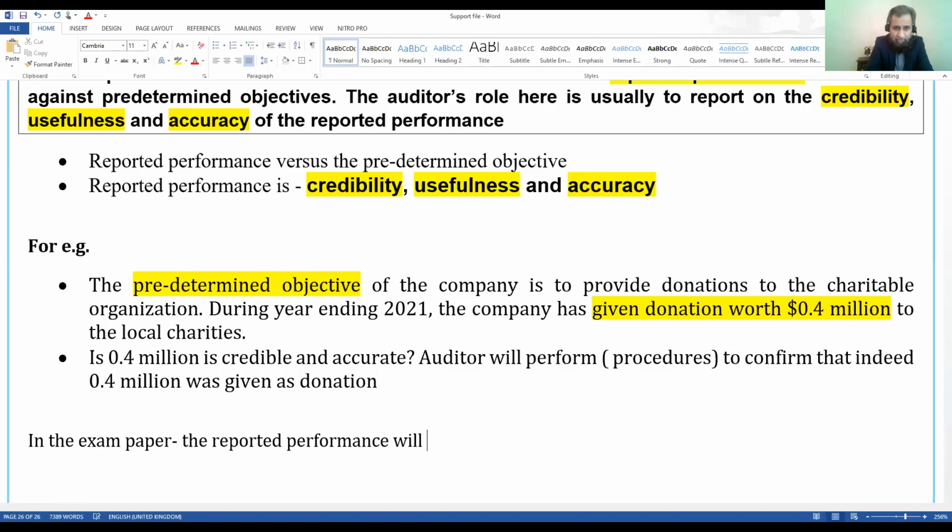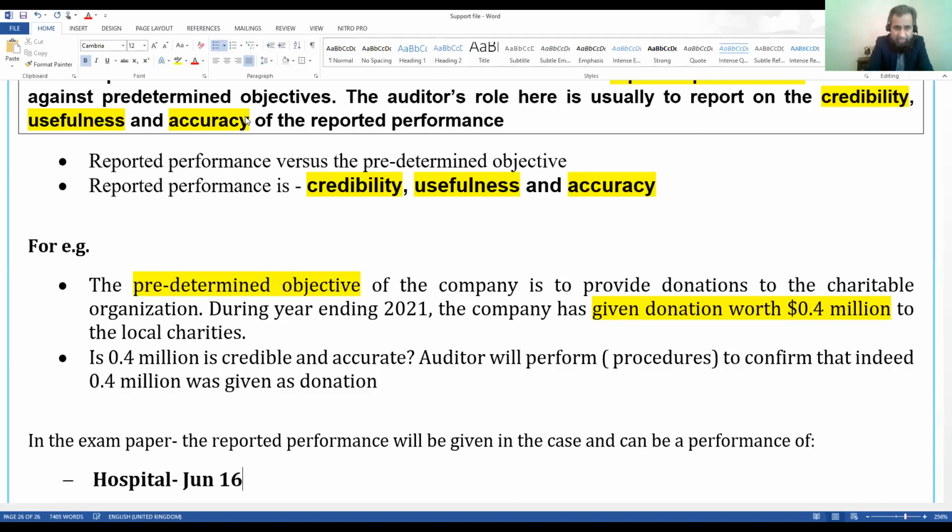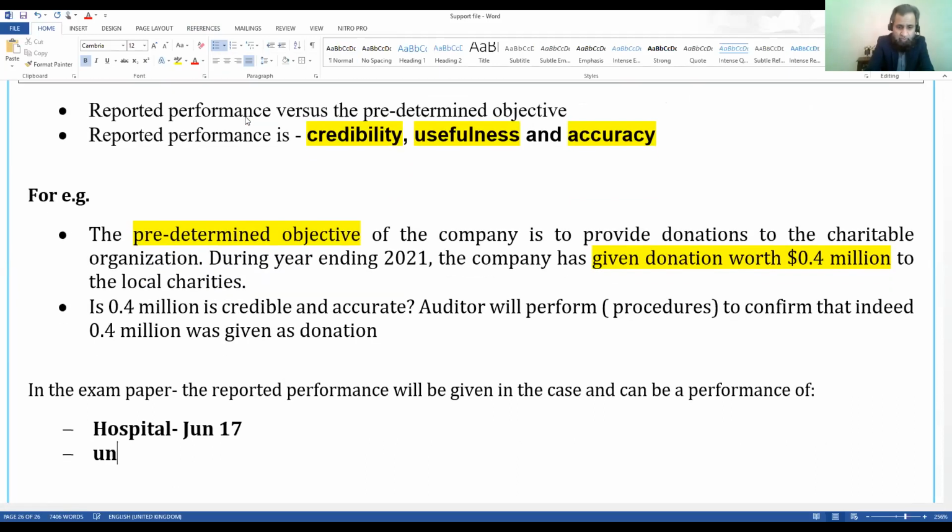The reported performance will be given in the case and can be a performance of a hospital, which came in the June 17 exams, can be a performance of a university, which came in the December 15 exams, and can be a performance of a private, profit-seeking company, which came in the December 14 exams.